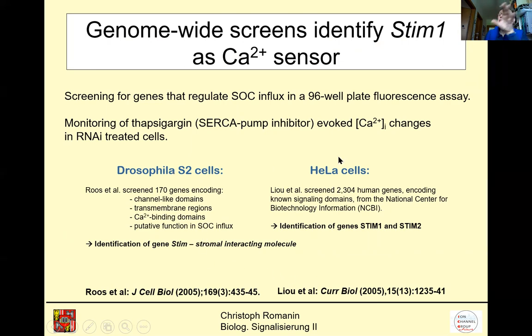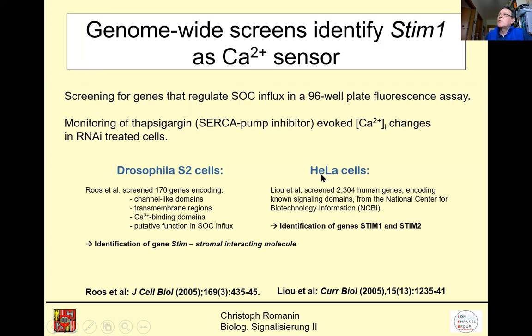First of all, two different cells: Drosophila S2 cells, that are insect cells derived from Drosophila, and HeLa cells, that are actually cells from a uterus. The name of the woman who unfortunately died of uterine cancer finally leads to this cell development, because it's a cell line from a uterine cancer cell.